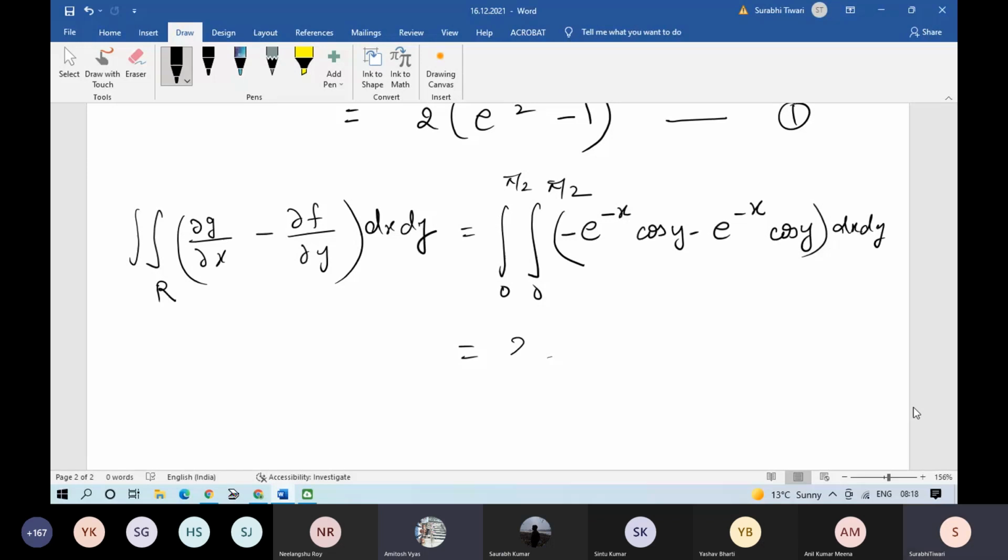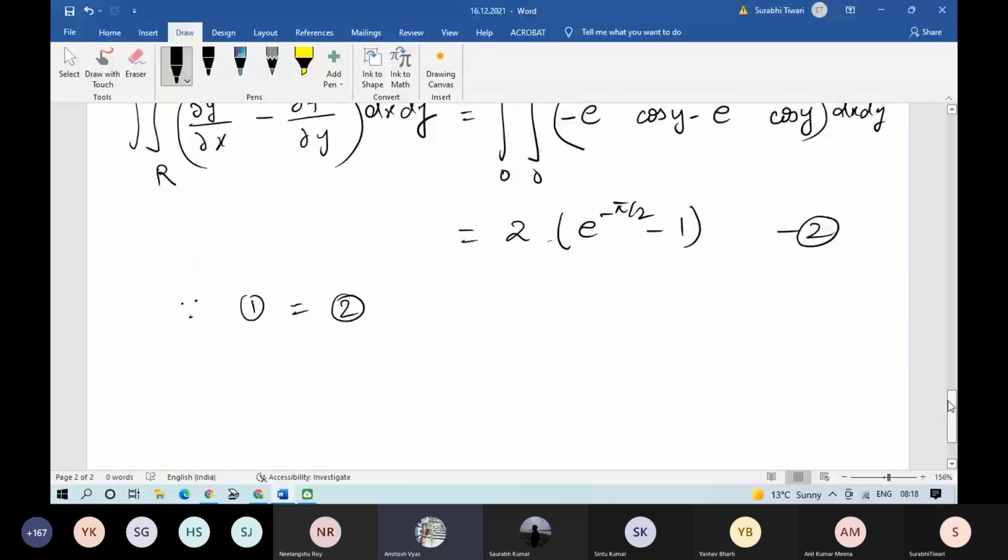The same came as in equation number 1. Yes, ma'am. So since 1 is equal to 2, therefore Green's theorem is verified.